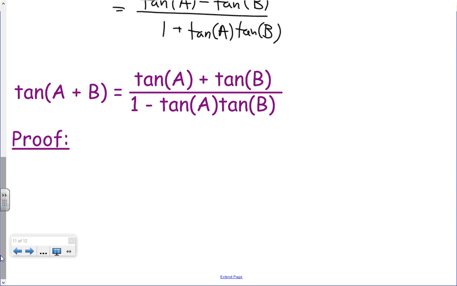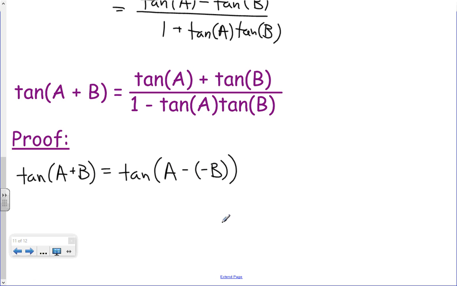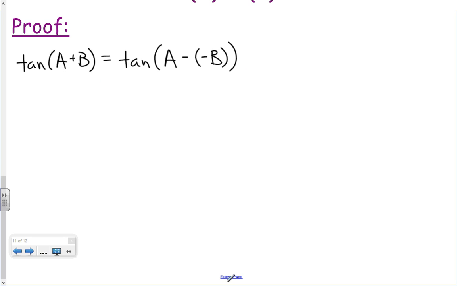I'm going to rewrite this as a difference. So let's do that. If I take the tangent of A plus B, I can rewrite this as the tangent of A minus the opposite of B. And now I can just use the property that I have from up above.